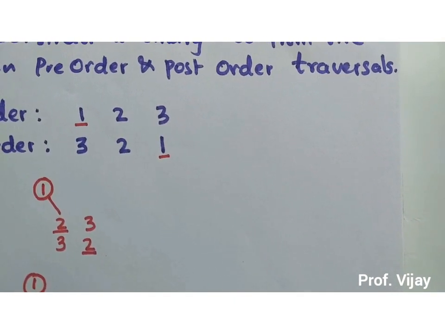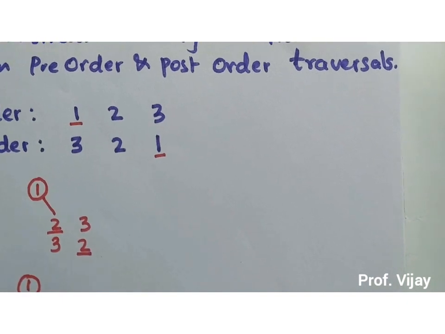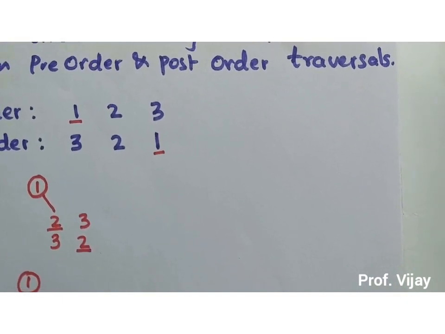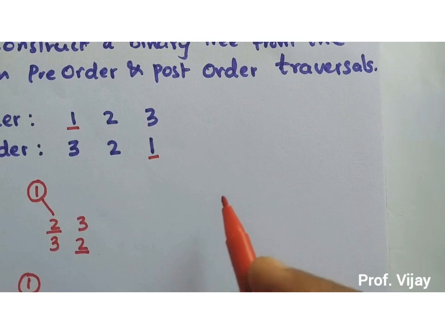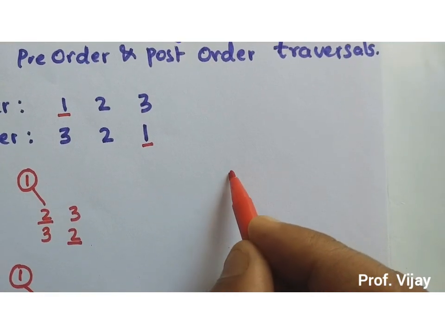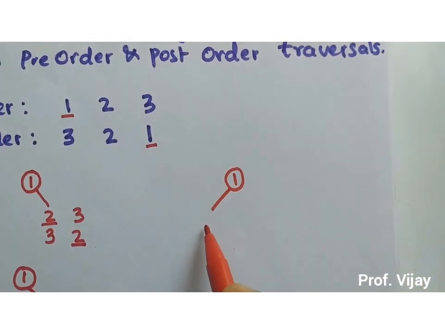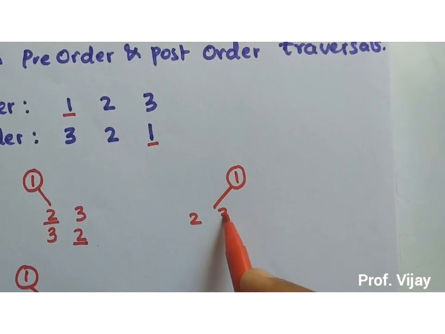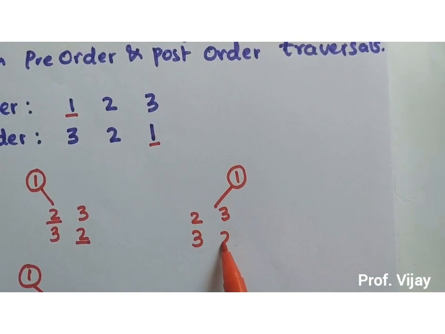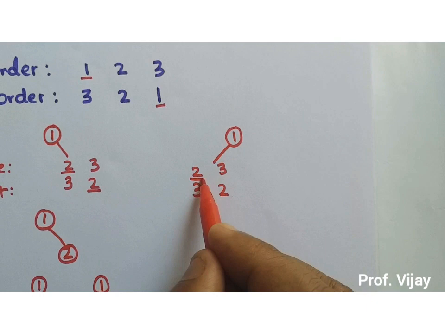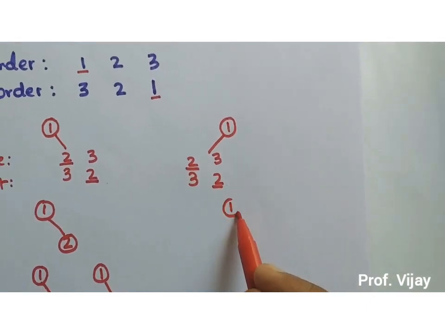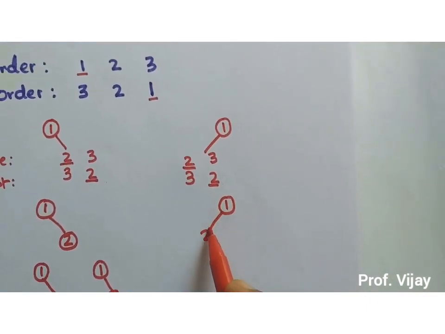Now we will apply the second check. The second check is, say TL is not null. When TL is not null, what we will see? 1 is the root, and here we will get the 2, 3 and 3, 2. So now you are very clear that 2 is the root. So now what we will get? 1 and 2.